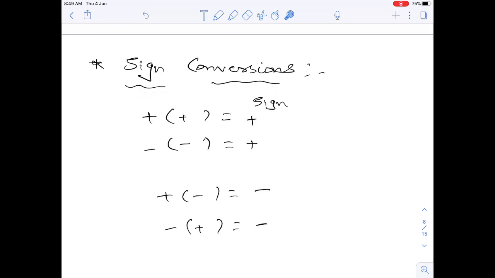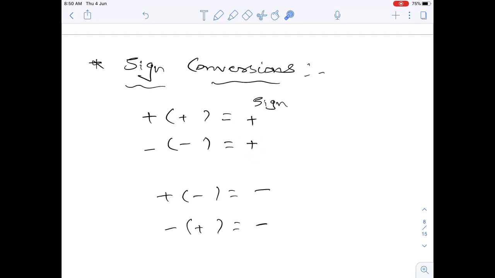If two positive signs are one after another, we write positive. If two negative signs are one after another, that also we convert to a plus sign or positive sign.